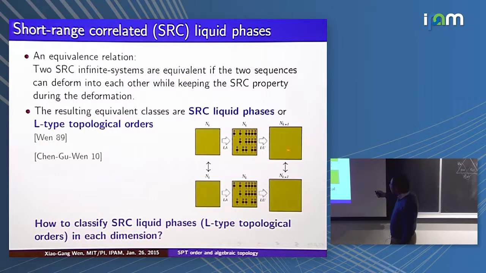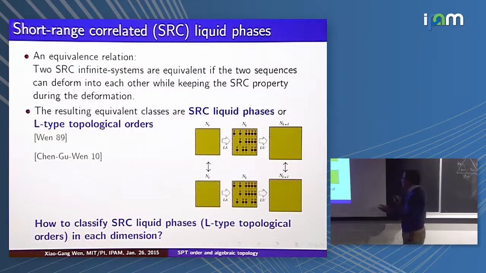And also here we say between two different systems, between two different sequences, we can deform the tensor from here to here without destroying the short-range correlation property. So basically, among those two systems, we can deform the tensor among any of those subsystems without destroying the short-range correlation property.